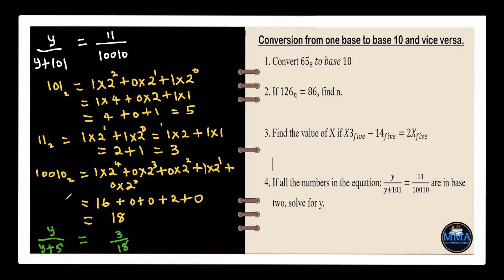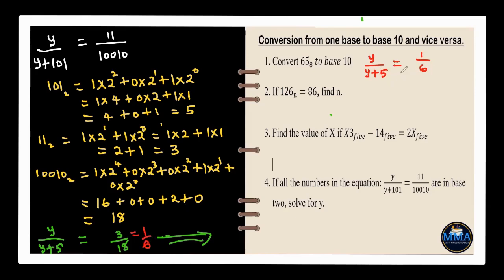So this is what we are solving now. So let's proceed this way. We have y all over y plus 5 equals 1 over 6. Remember that 3 over 18 will reduce to 1 over 6.